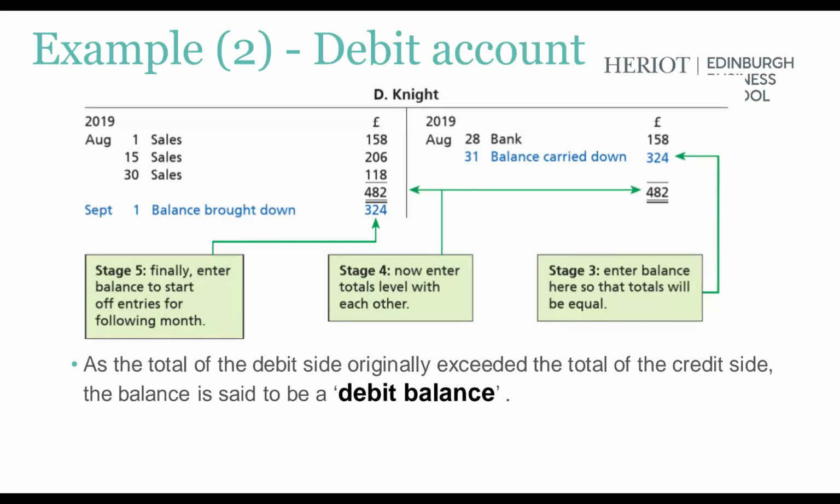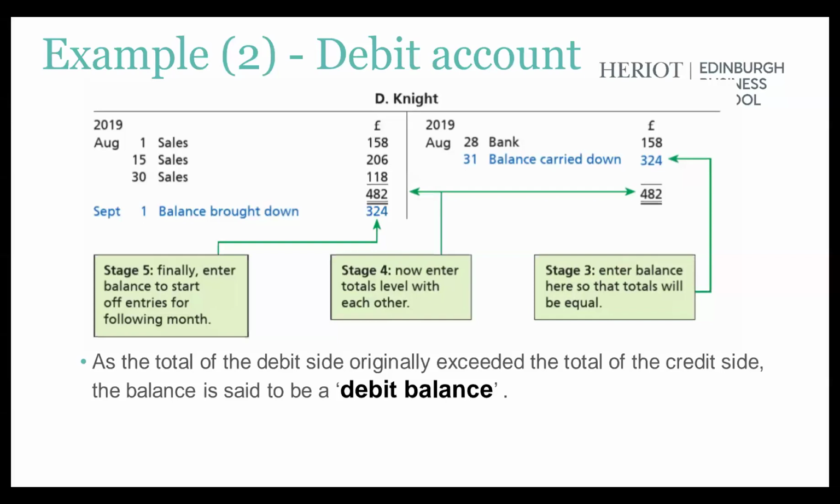Now look. The major thing that you should always concentrate on is the position of the balance brought down. Is it on the debit side or on the credit side? It shall always be on the opposite side of the balance carried down.